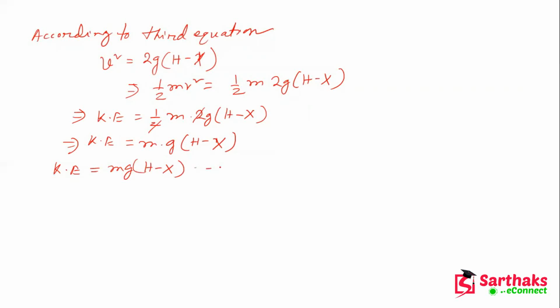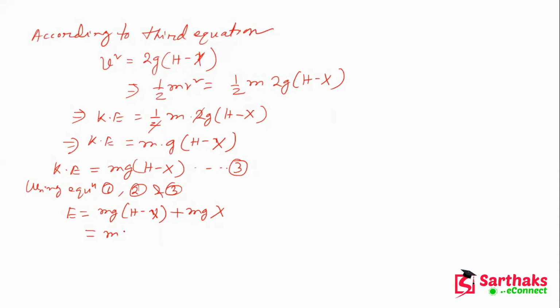Now the kinetic energy equals mg (h minus x), and the potential energy is mgx. So this is equation number 3. Now using equations 1, 2 and 3, E equals mg (h minus x) plus mgx.